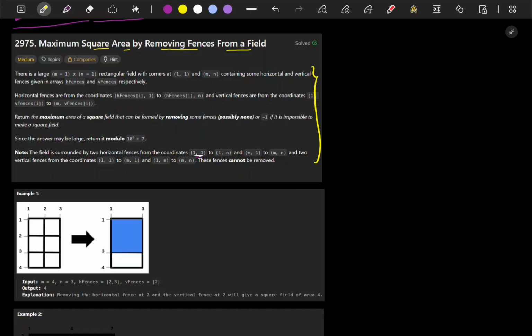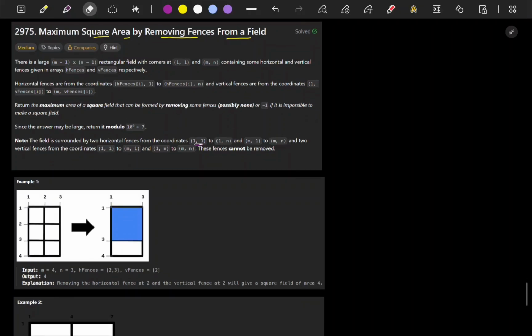If you are not able to get any idea, then you can resume and see the approach. We will solve it here. I was also not able to solve it, but yes, now we can see it together.